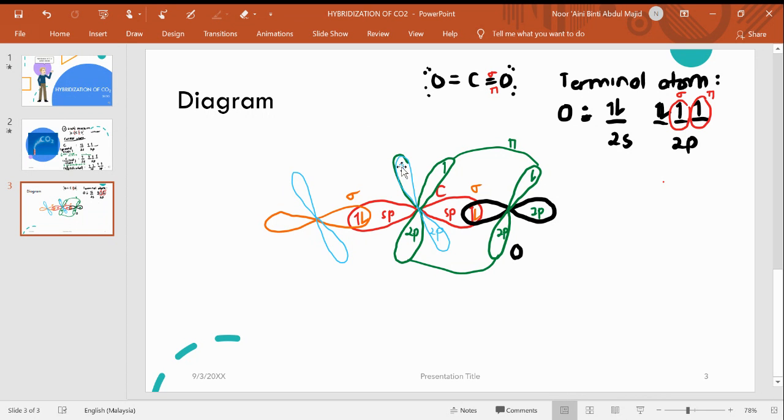Since this one points upward, this electron must have opposite spin, and when they overlap, you get another pi. Don't forget to label. And that's it. And this is oxygen. I believe that's it. This is the sketch for the orbital overlapping diagram of carbon dioxide. I hope you understand the description and it helps with your revision.